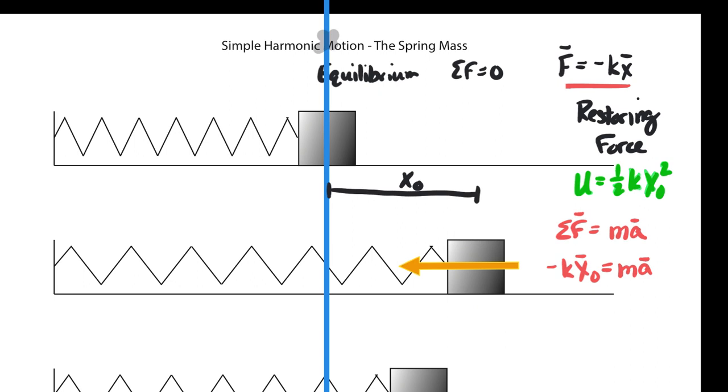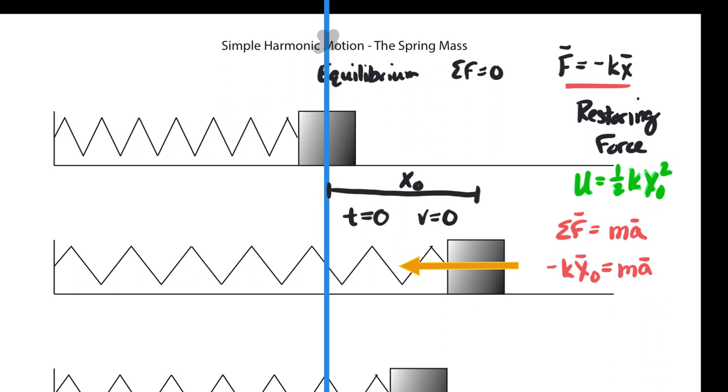Okay? This is the moment that we let go of the box, t equals 0. Okay, so we are just letting go. At this moment, the velocity of the system is 0. All good? Everybody follow along with that argument so far? What's happening?